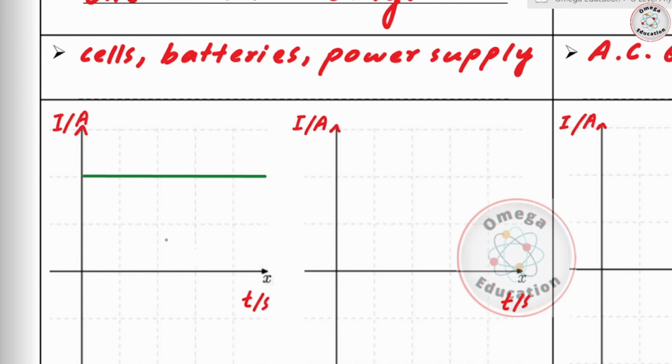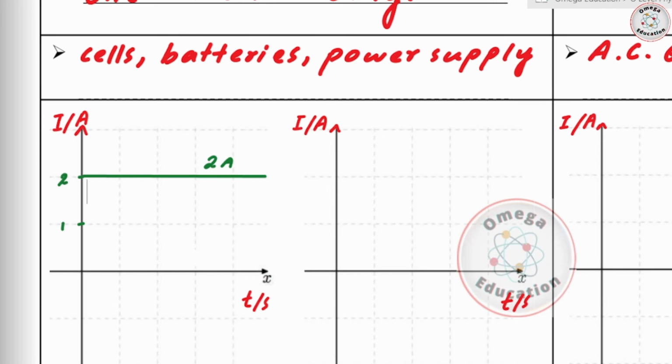If one block represents 1 ampere, then the direct current that I have right now is 2 amperes. Once again, it's an assumption that one block represents 1 ampere. But that current would be direct current, because its direction does not change. Throughout the passage of time, it was always positive. It did not get below the axis.